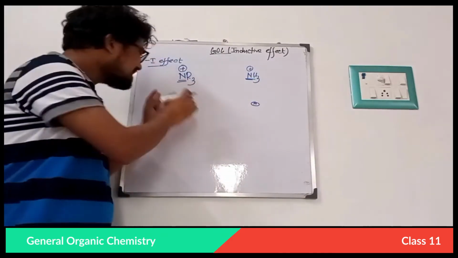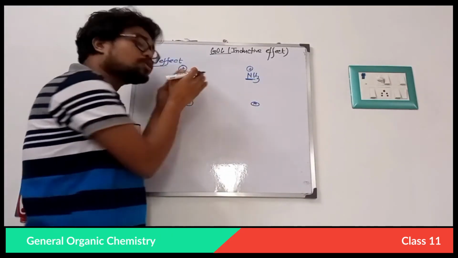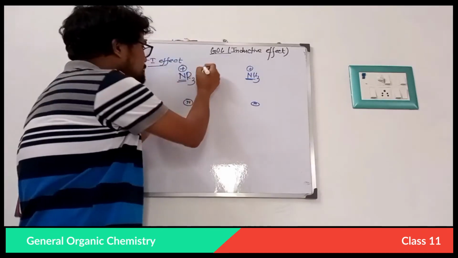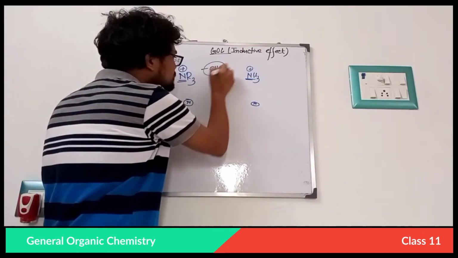Now this N is attached with 3 alkyl groups. Suppose this alkyl group may be CH3, that is methyl.